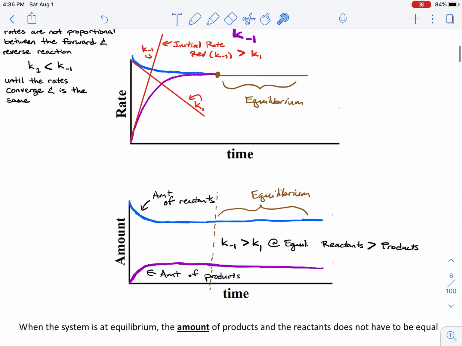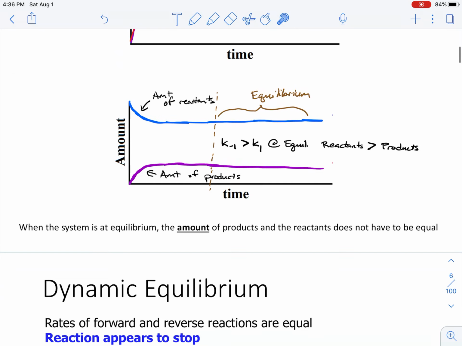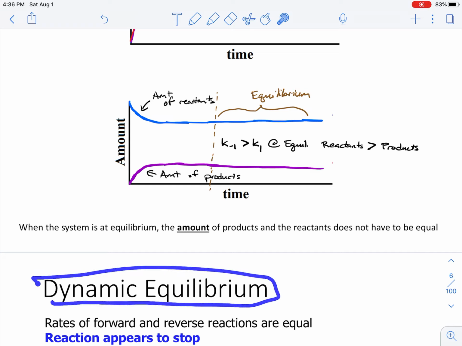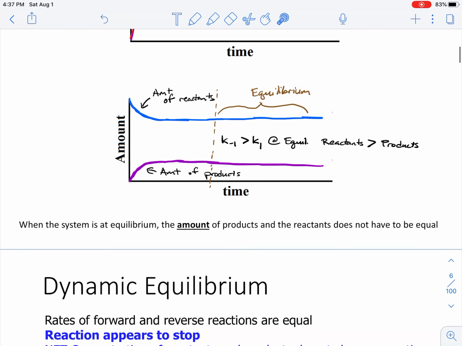All right. So that leaves us with our last slide for this specific lecture video, and that's this idea of dynamic equilibrium.